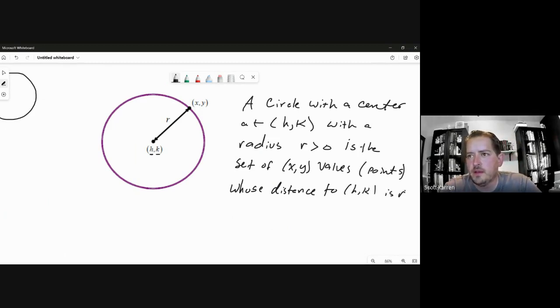That's really it, right? If you grab this point right here, it's on the circle. The distance it is from that point is r. The distance this point is from that point is r. Any point on this circle is r units away. That's the definition of a circle: a collection of all of the points that are r units away from that center point (h, k).